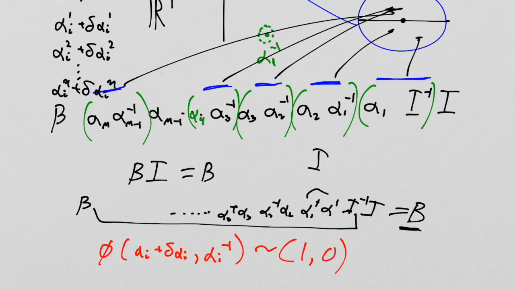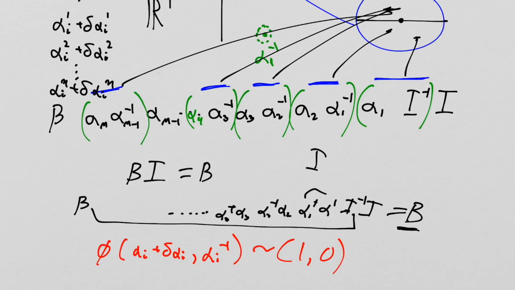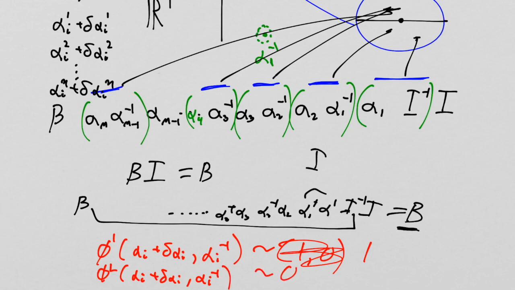That would mean, I guess I should write it, phi 1 is close to 1, and phi 2 of alpha I plus delta alpha I inverse is close to 0, right? And then that means that phi 1, phi 2, which is the product, is close to 1, 0.